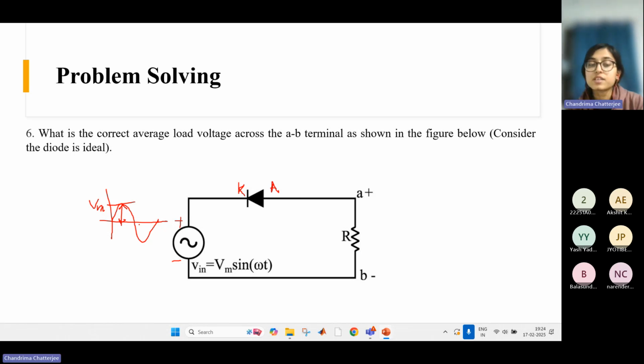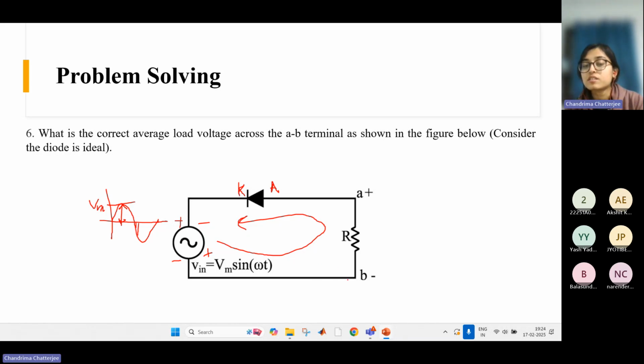In the negative half cycle, this diode becomes forward biased. Why? Because now the polarity has changed to this, and this positive potential comes here, and the diode becomes forward biased. The current will flow like this. Current through a diode always flows from anode to cathode, that we have seen. This is the current direction.